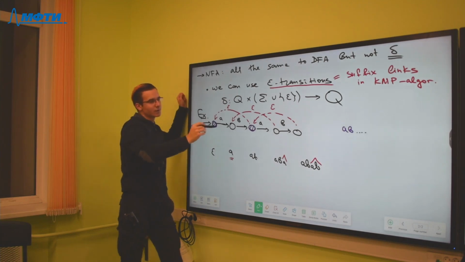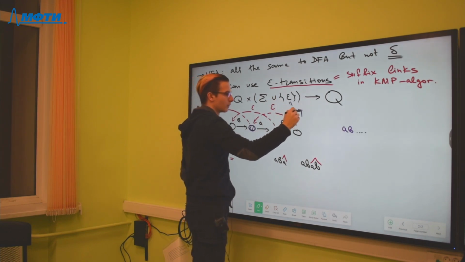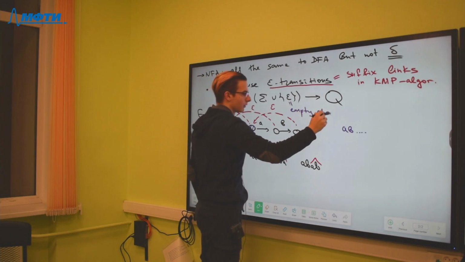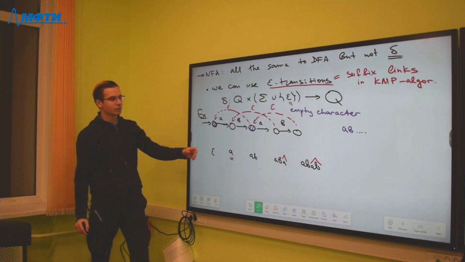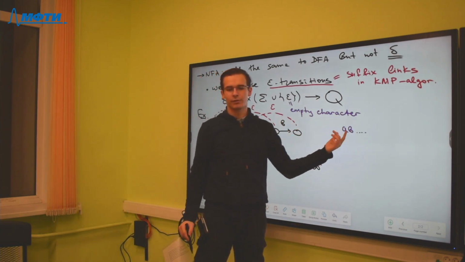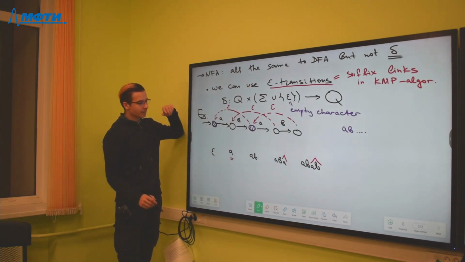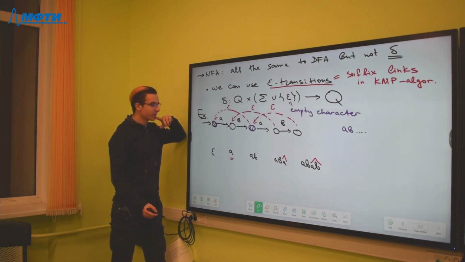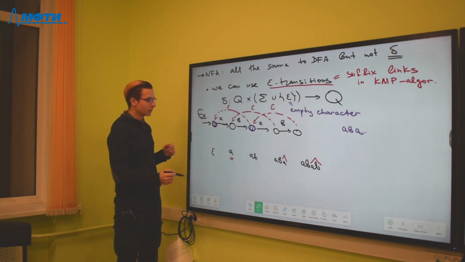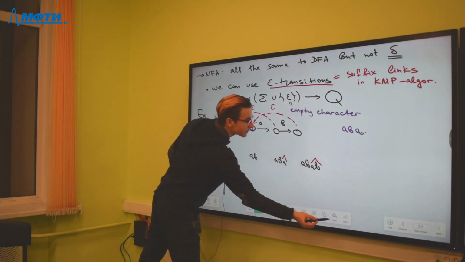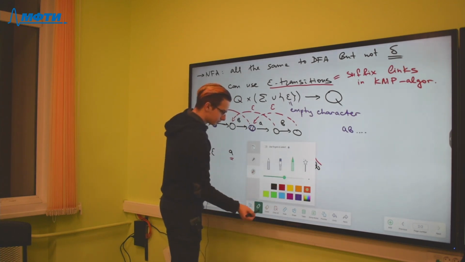Because epsilon is the empty character, you can add any number of empty characters between different characters. But then, for example, we read the A. Oh, I use a different color.